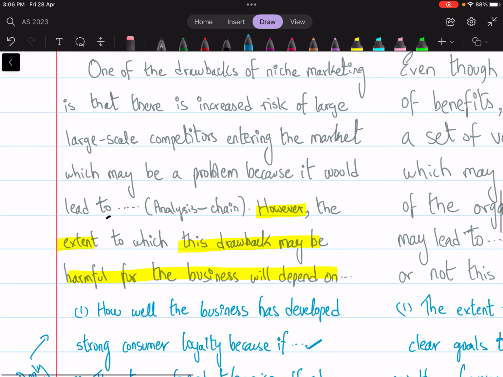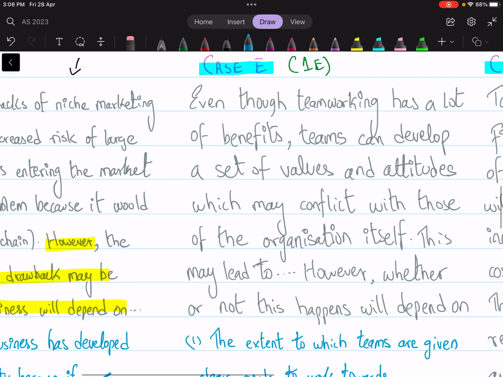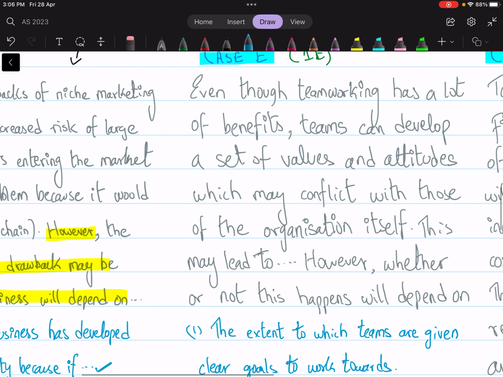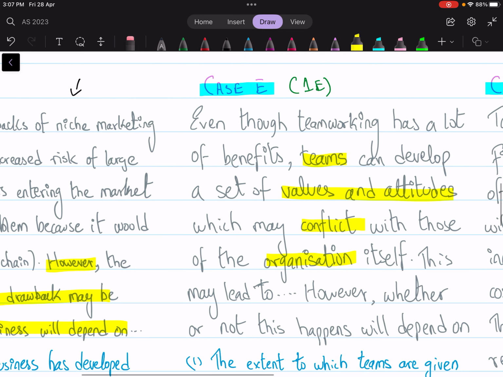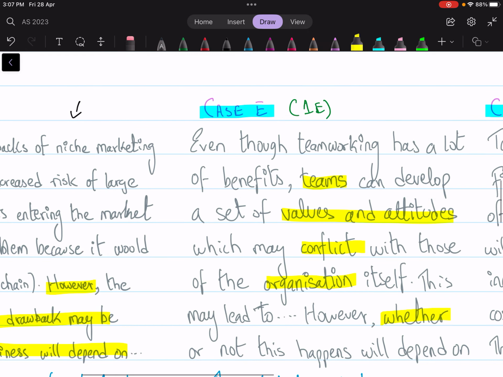Another example when you will be evaluating drawbacks would be, even though team working has a lot of benefits, teams can develop a set of values and attitudes which may conflict with those of the organization itself. However, whether or not this happens will depend upon how you can minimize the impact of this drawback. How can you reduce the intensity of this drawback?